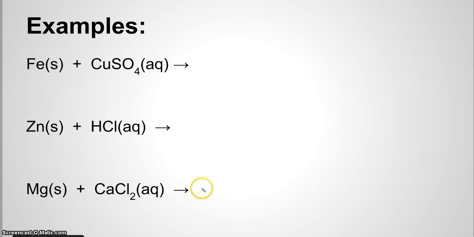So we say no reaction. Nothing would happen in that particular reaction. That's it. Okay. So that's what our single replacement reactions look like. We'll be predicting products in class for both double replacement and single replacement.